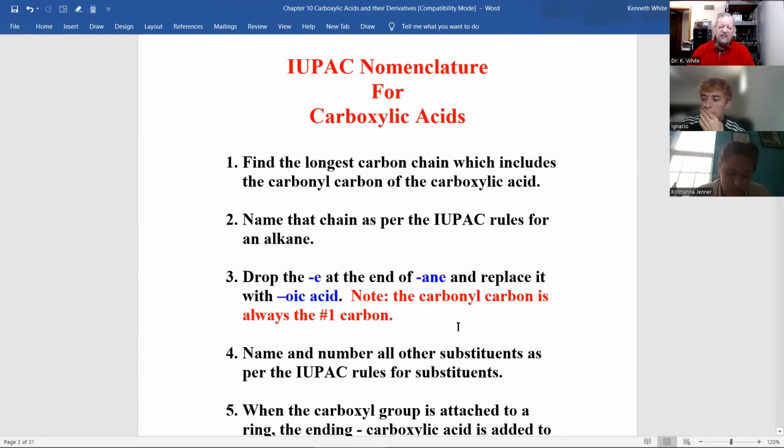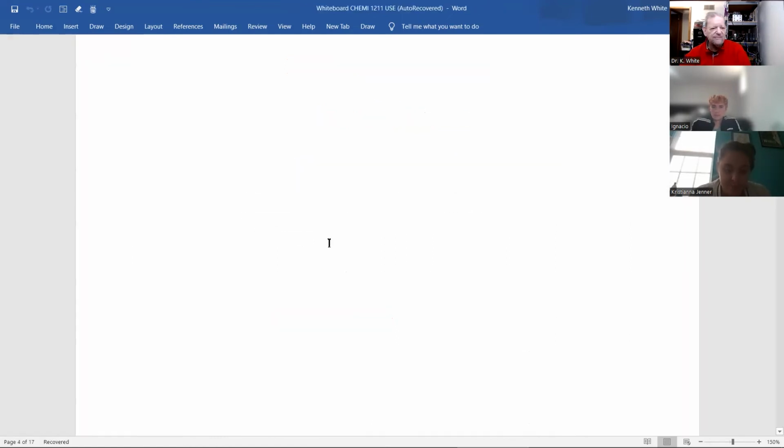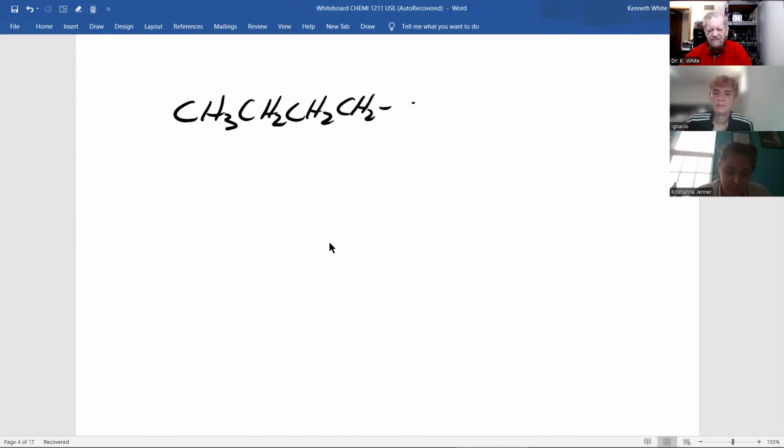Now, let's talk about carboxylic acid nomenclature. Let's get a carboxylic acid up on the board. Look at the structure.